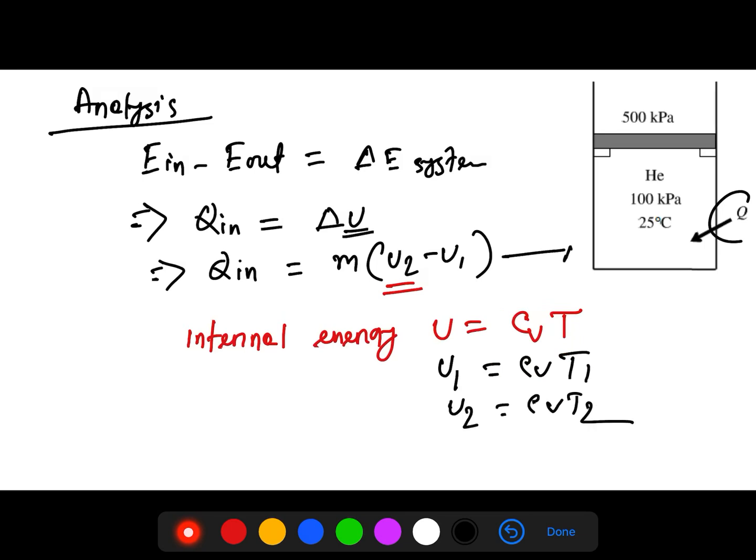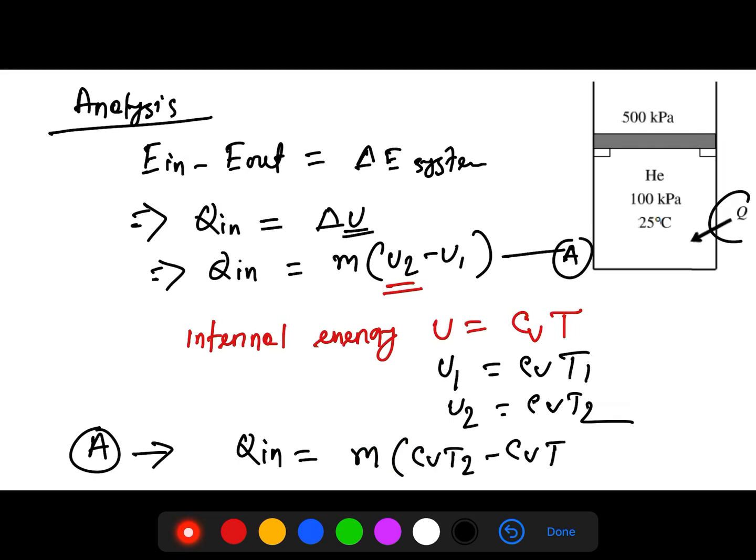So if we say this is equation 1 or A, then from equation A, what can we write? Q in is equal to M times CVT2 minus CVT1, because we know mass, we know CV is constant, and we know T1.